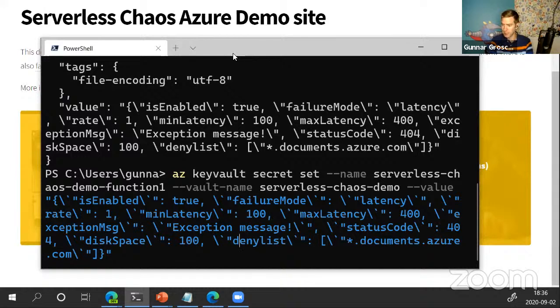And now a bit of editing. This perhaps copy paste would be better, but not now. So the second one is called function 2, of course. And instead of failure mode latency, I want to use status code.